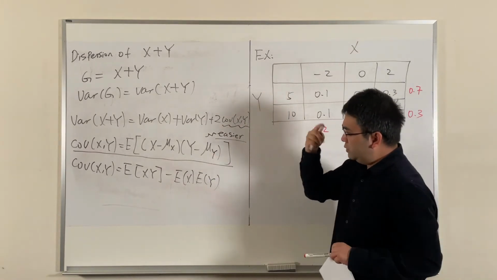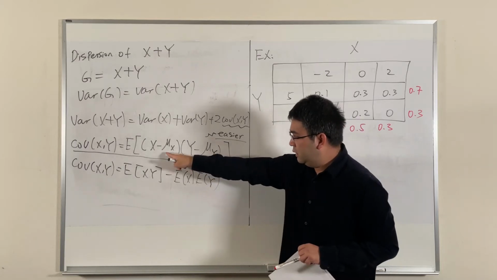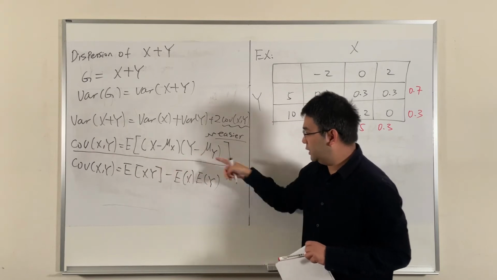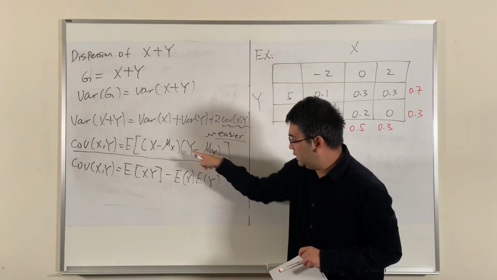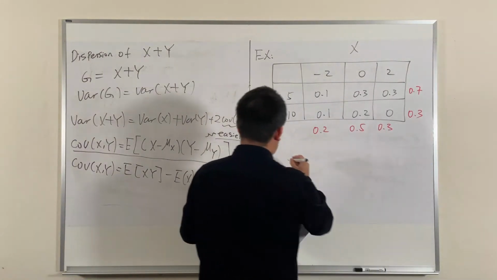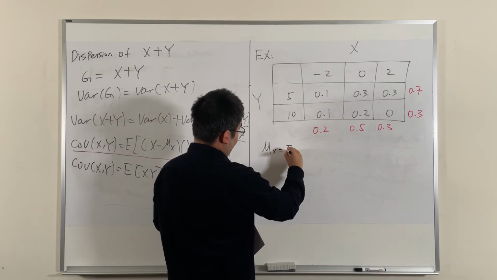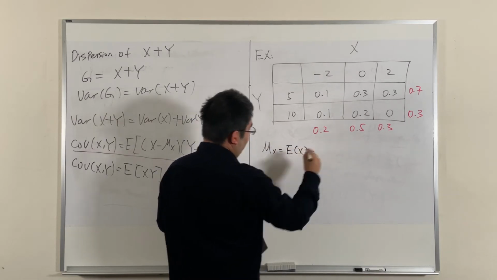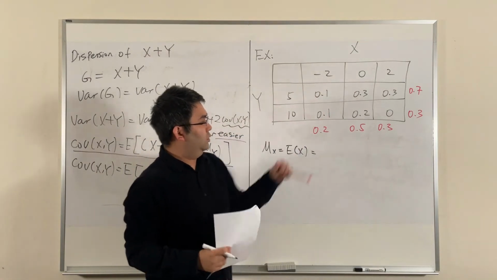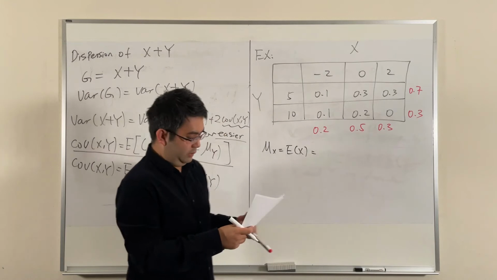If we want to use this formula, the first values we need are mu x and mu y, or the expected value of x and the expected value of y. So mu x equals the expected value of x. The possible outcomes are -2, 0, and 2, with probabilities 0.2, 0.5, 0.3.